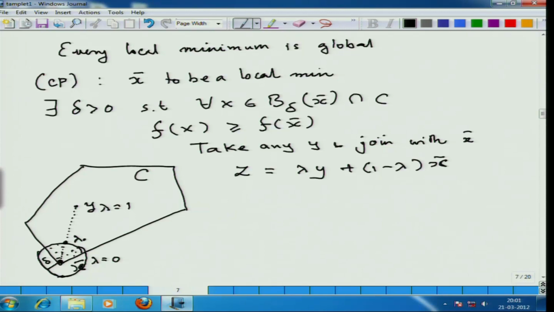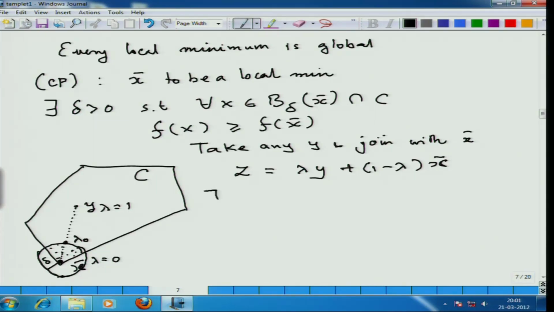whose lambda is say lambda naught, which corresponds to z naught, corresponding to lambda naught y plus 1 minus lambda naught x bar. If I reduce the value of lambda from lambda naught, all the points lie in this line.